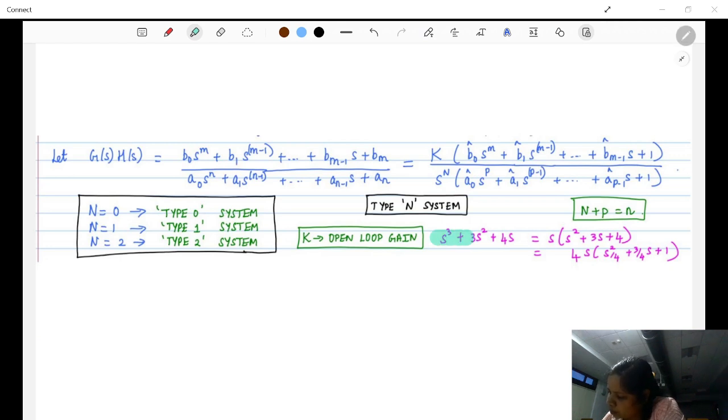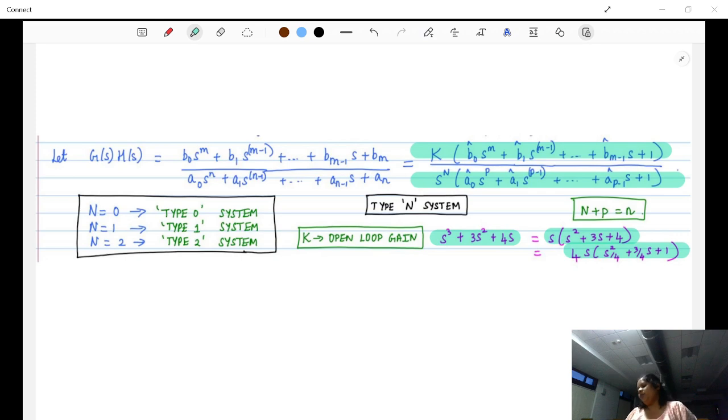Like here, s cube plus 3s square plus 4s. You can take s common out of here. So s into s square plus 3s plus 4. Now you try to make the last coefficient of s to the power 0 to be 1, and you get this. When you achieve the equation in this format, s to the power n times something, then you get the type of the system.